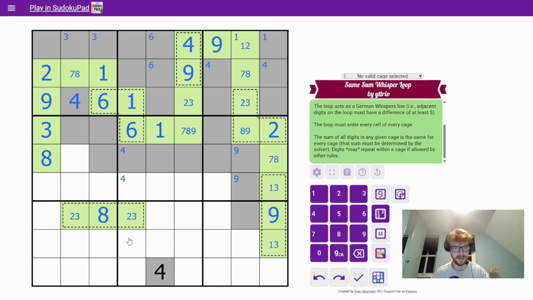I'm not sure about that. 2, 2 with a 9 works, or 3 with an 8. Is any of those a problem? 2, 2. Make that a 3. 2. No, I don't see it. I'm not seeing it.